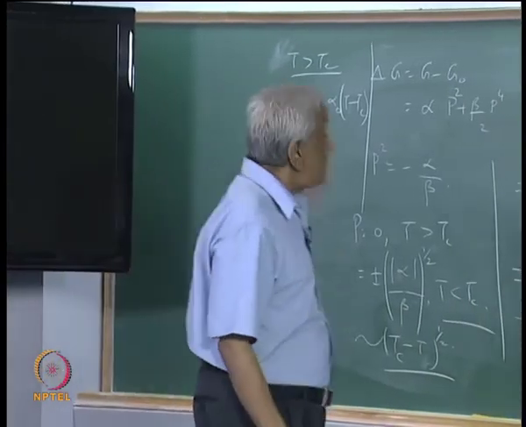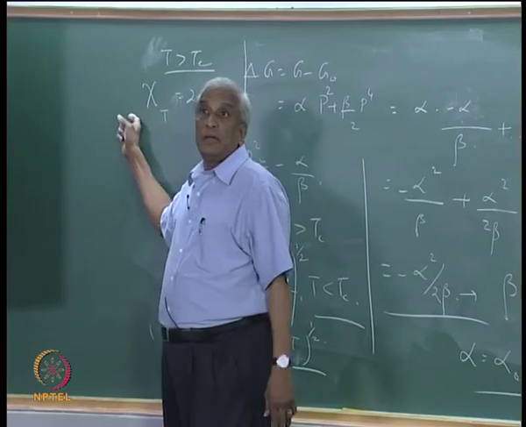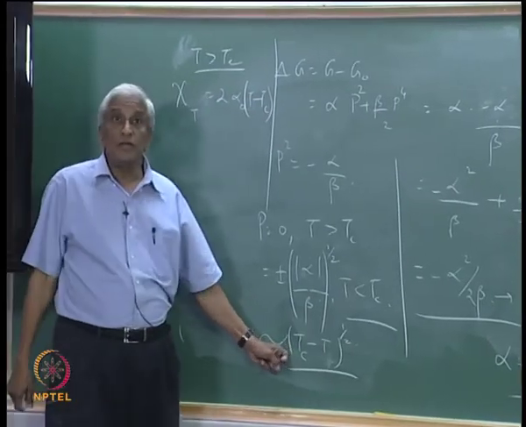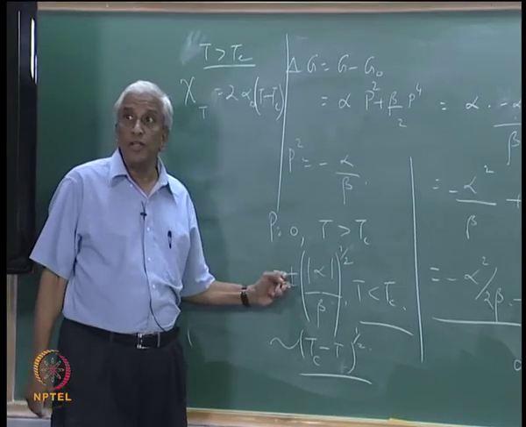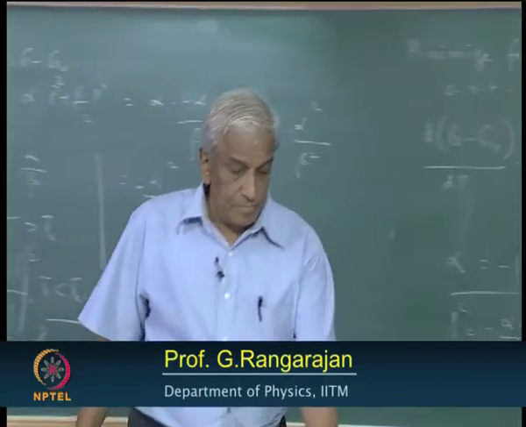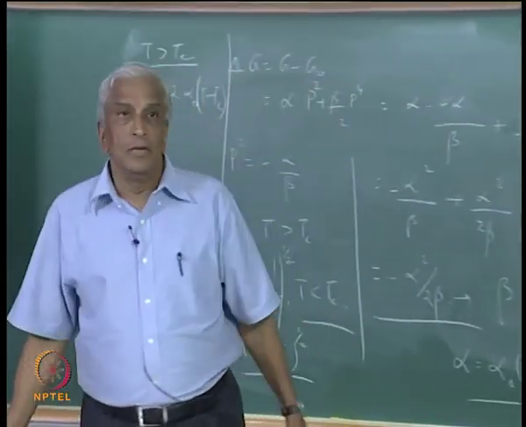So, this is the temperature dependence for the susceptibility above the phase transition, and this is the temperature dependence predicted for the spontaneous polarization below T c. So, these are features which have been verified.